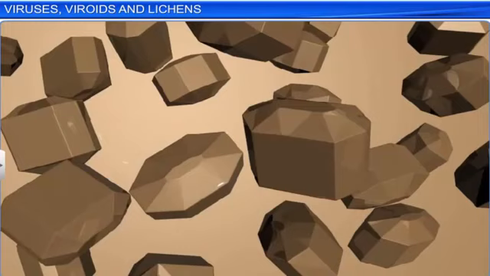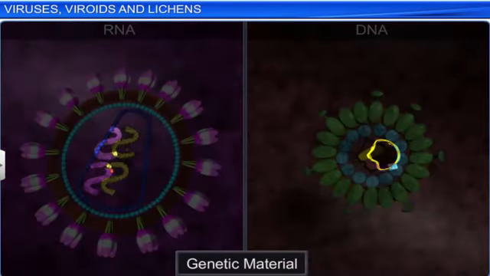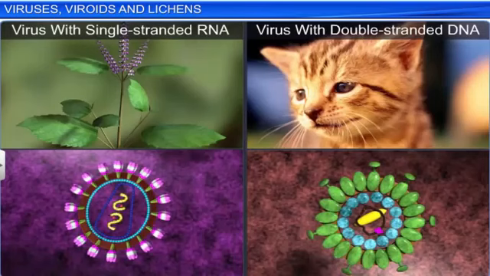In addition to proteins, viruses have a genetic makeup comprising either RNA or DNA. Therefore, viruses are nucleoproteins and their genetic material is infectious. Usually, viruses that infect plants have single-stranded RNA, while those that infect animals have double-stranded RNA or DNA.